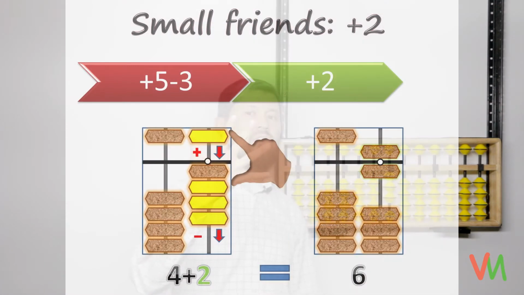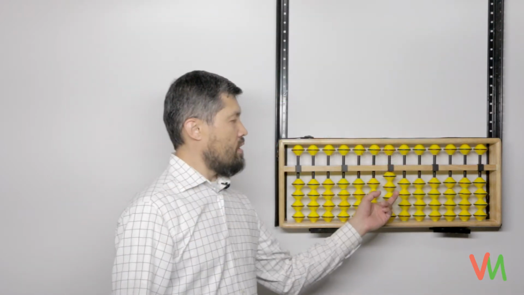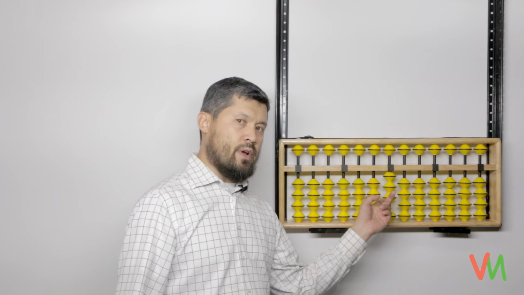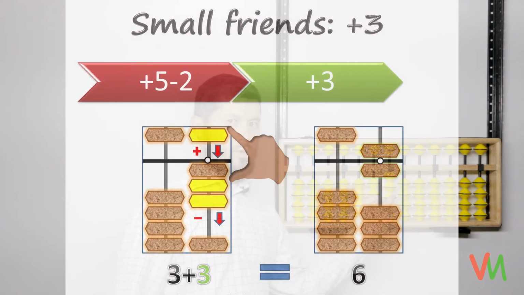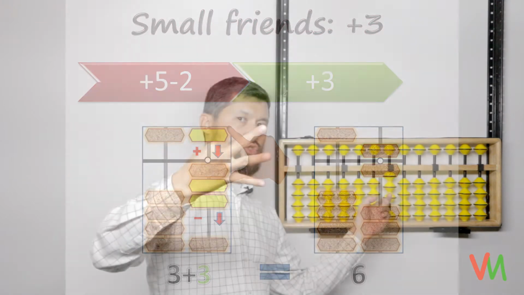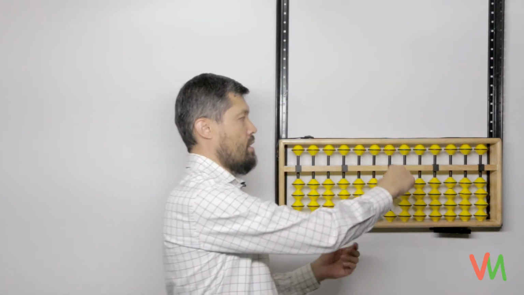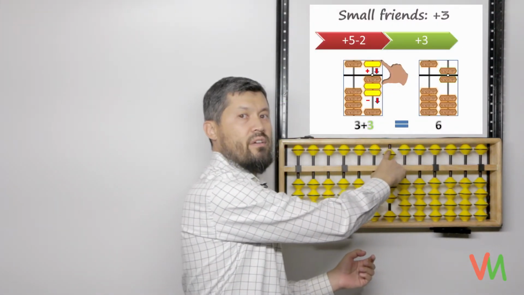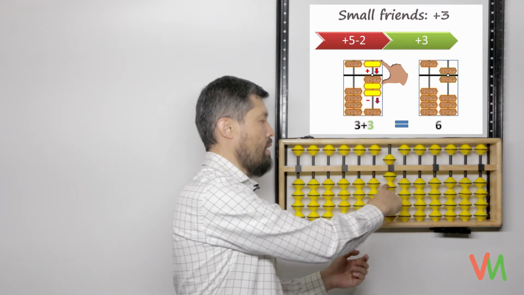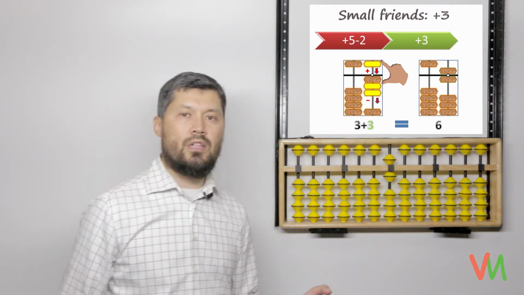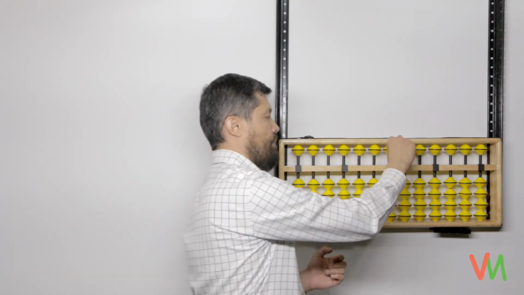The friend of 2: if we want to add 2, we can make it 5 and then take out 3. So if we want to add 3 here, what do we do? We add 5 and we take away 2. So here we will do plus 5 and take away 2. We added 3 here. 3 plus 3 is 6.